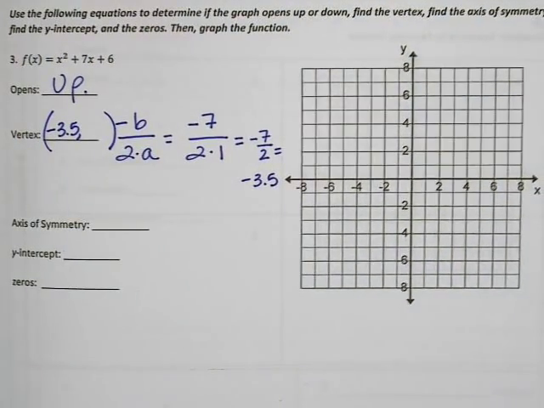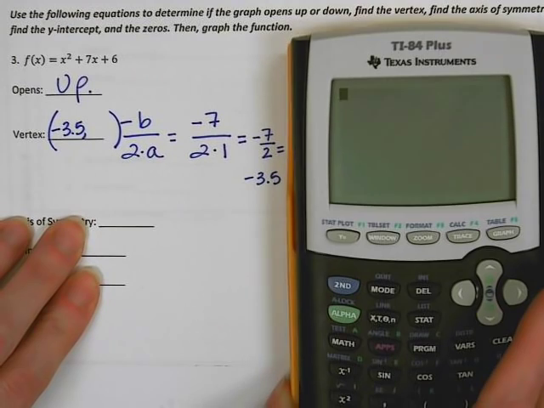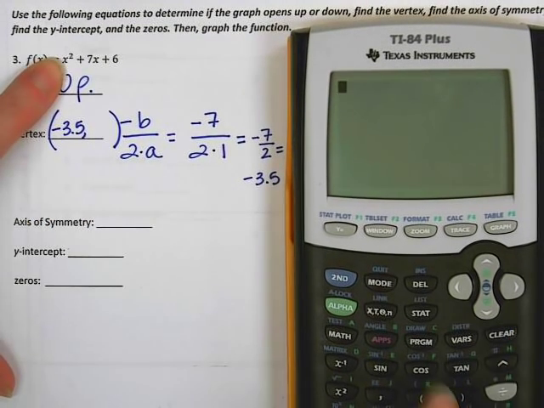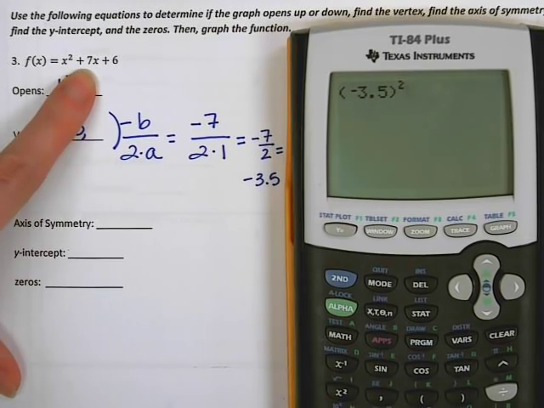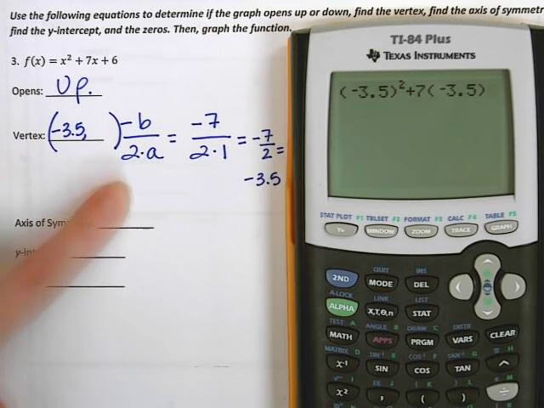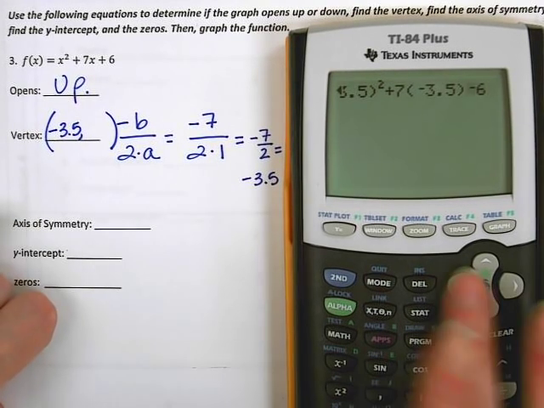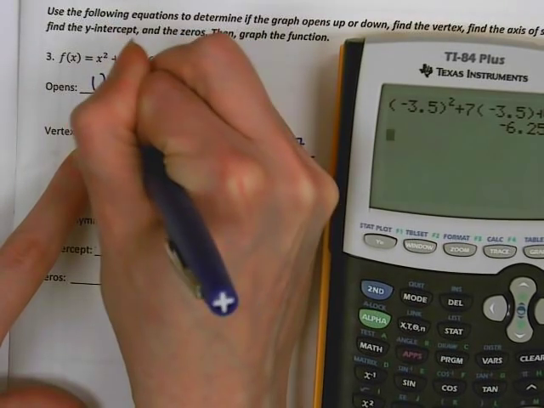Now we have to plug it back in to see the k, right? That's just the h. Let's find the k. So now we're going to plug in negative 3.5 into all of the x's. So parentheses, negative 3.5 squared plus 7 times negative 3.5 plus 6. All right, hit enter, and there you go, negative 6.25.